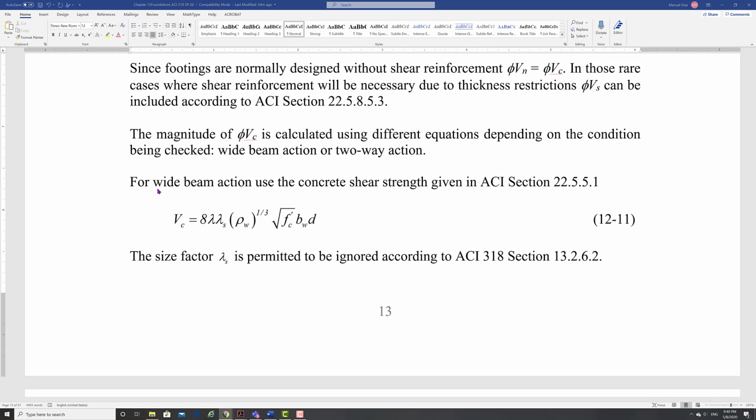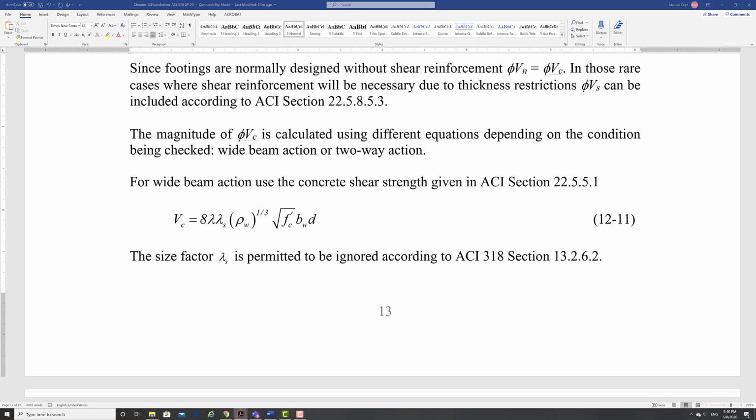For the wide beam action, we know that we need to use this formula. And as I said, lambda s, as we did for the wall, the code in section 13.2.6.2. Let's double check that. I think I closed my code.